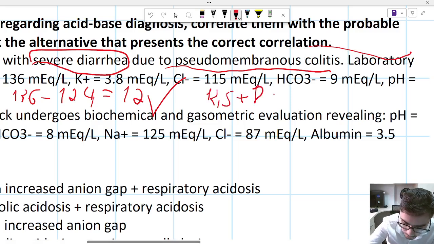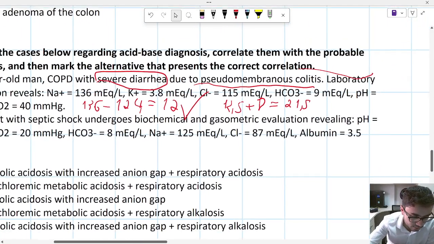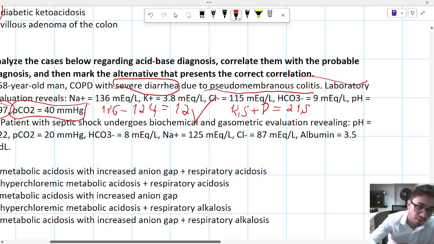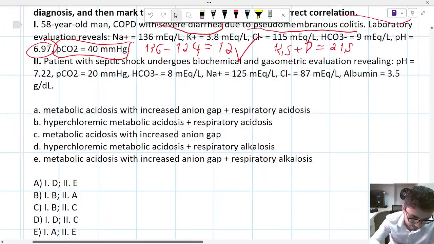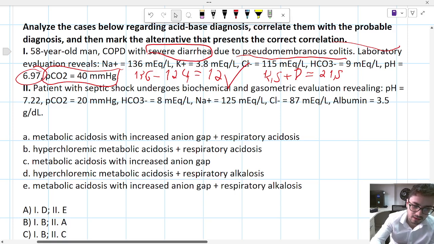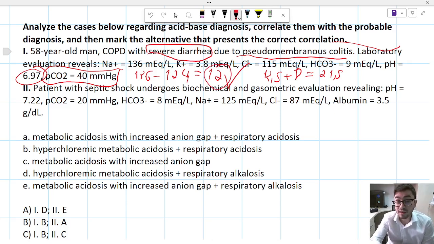Okay, so we will end up with 21.5 for the expected value of PCO2. So we have a 40 PCO2. We also have a respiratory acidosis going on here, guys. So I think we will need to think about an increased anion gap in here because, like I told you, some references say that this value needs to be lower than 12. Okay.